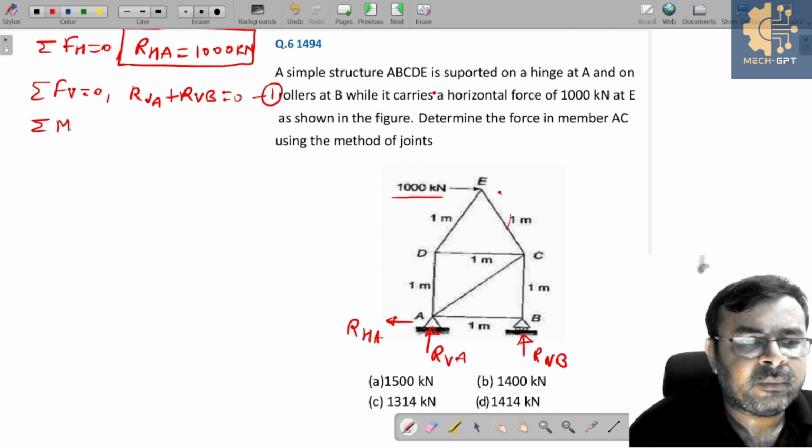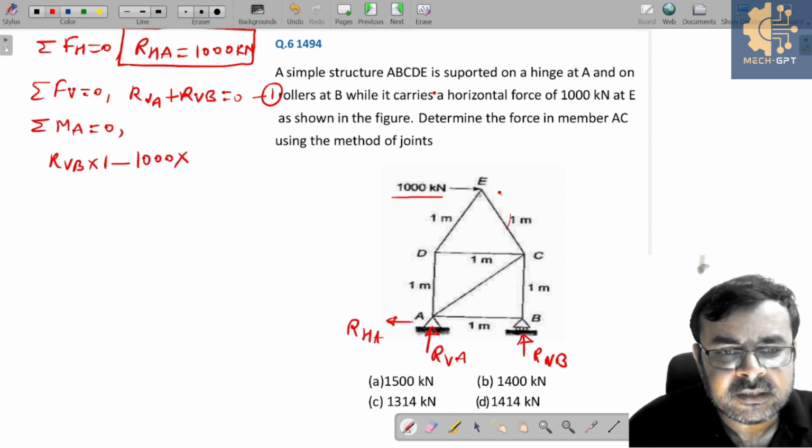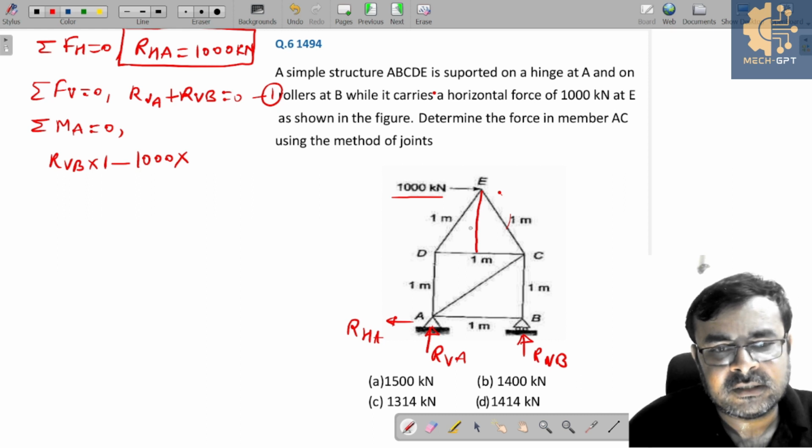Next, summation of moments about A is equal to 0. So this is RVB into 1 meter minus 1000 into the perpendicular distance. First you need to find this distance.